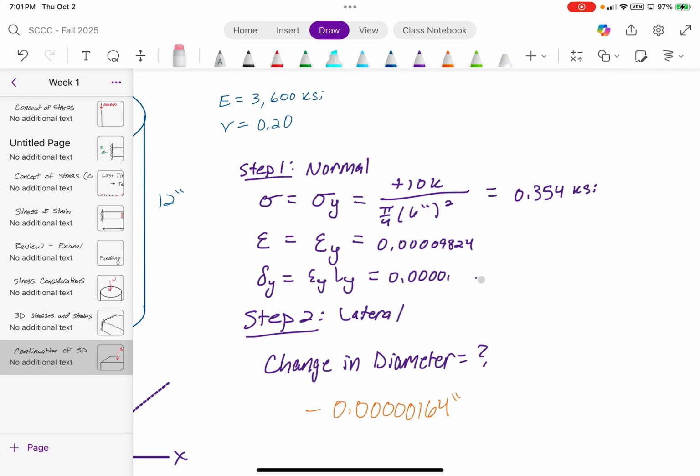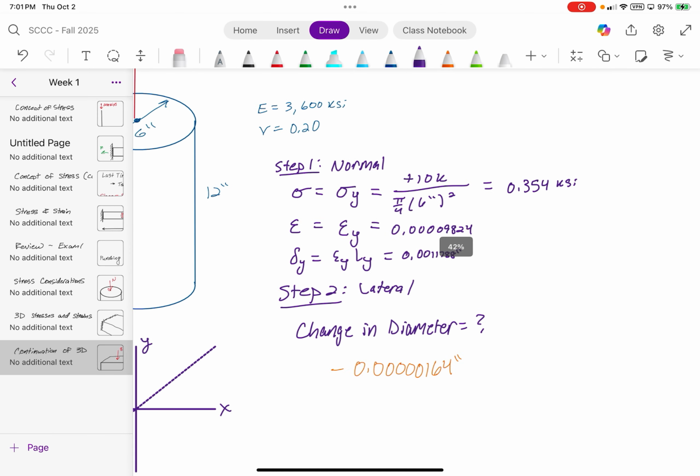It's basically one zero less than the number I used. I got 0.0111788 inches. That's what you all got? Yeah.